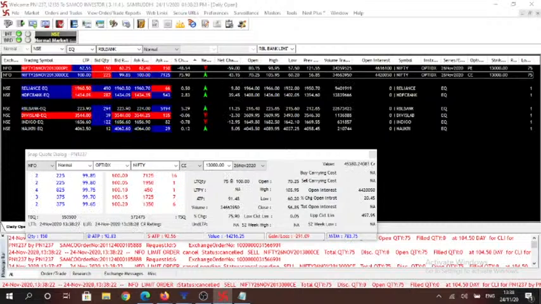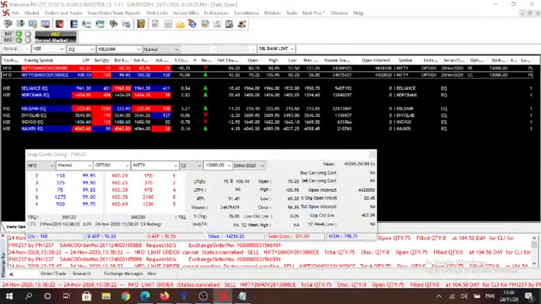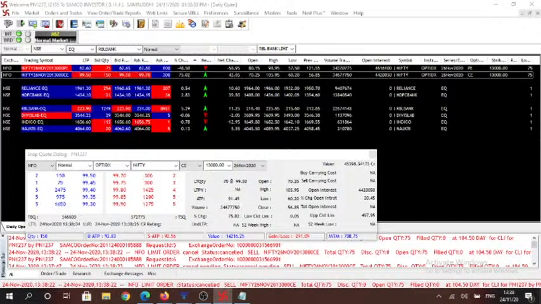We only have one short put cover order, which we can exit, and we have only two positions now in calls.